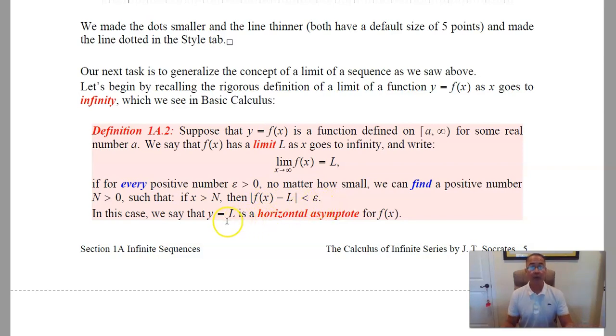In this case, we call y equals L a horizontal asymptote for our function. You've seen this in calculus. Let's review it in GeoGebra.